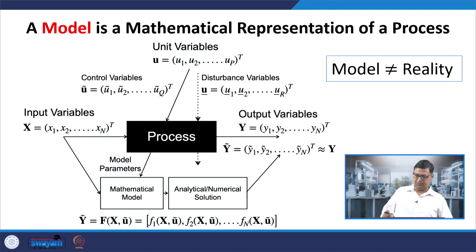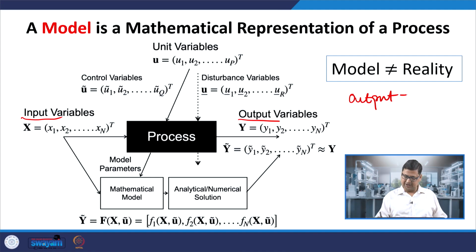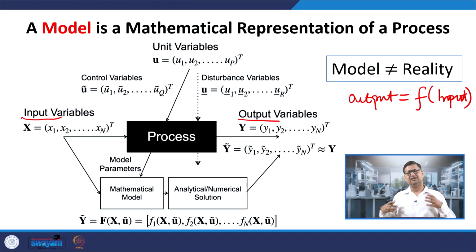Okay. So, what is a model? A model is a mathematical representation of this process, right? I just told you that there is an input to output relation in a process, and there is an actual response, that is how the output depends on the input. But there is also something I can get by constructing a mathematical model that mimics the behavior of a process.